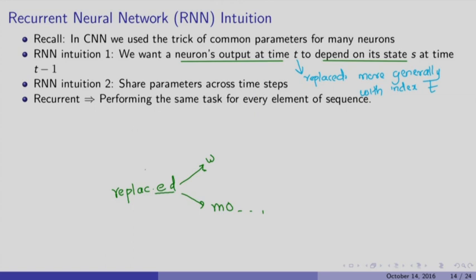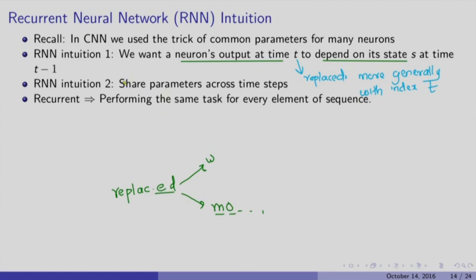The other point that we realize in this example is the model that was used to predict an E or a D should not be drastically different from the model that was used to predict an O when you see an M. So the second point here is we would like the same model to recur, the same parameters to be reused.